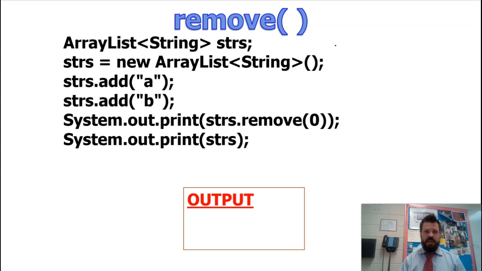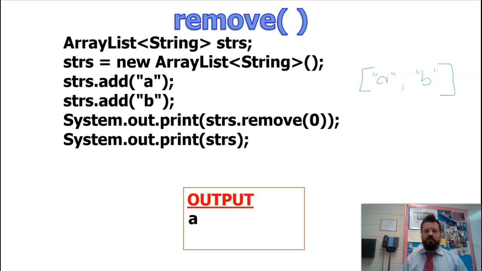Okay, so again, let's create an array list of strings, and we'll add to it an A and a B. And then let's call that remove method and actually print off the result of the remove method. Well, what's that going to print?